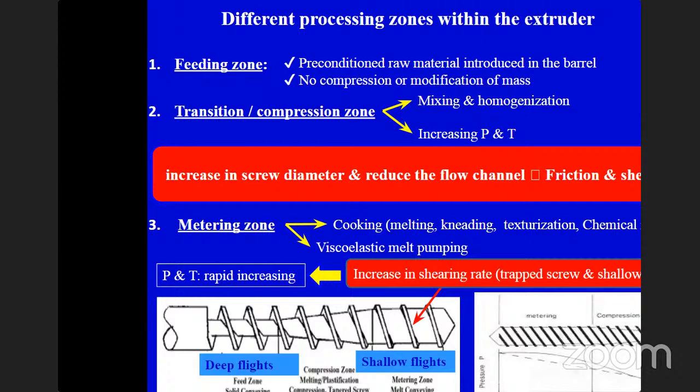The temperature and pressure increase very rapidly, and the shear rate is higher in this zone as compared with the previous zones, owing to the screw configuration, which is a tapered screw as shown here with shallow flight. This figure shows the evolution of pressure during the 3 zones, which increases gradually and reaches the maximum in the metering zone.